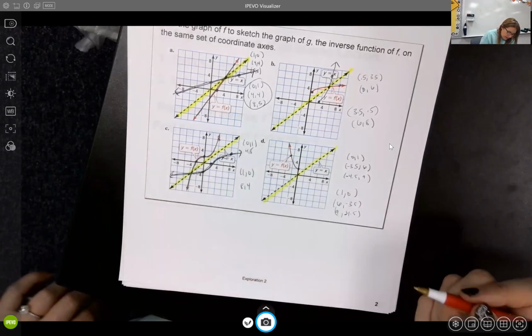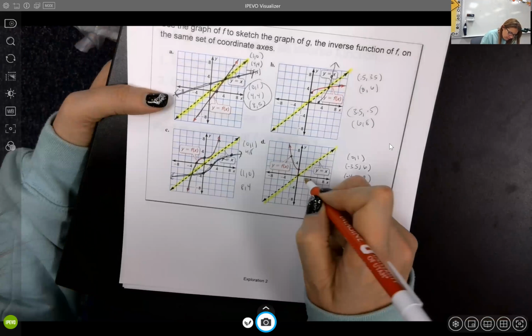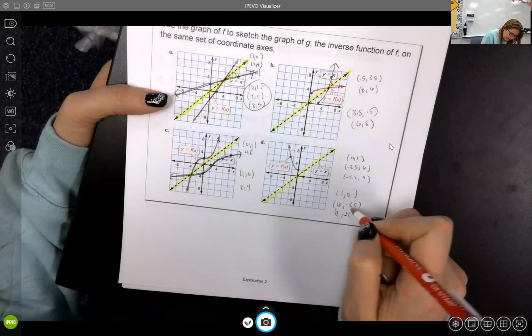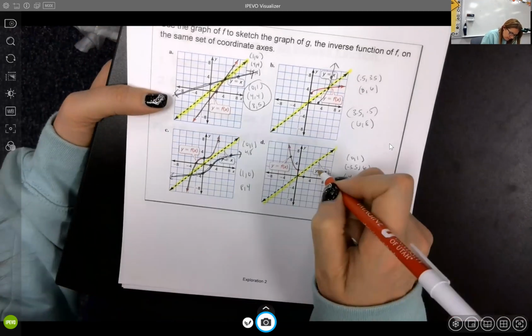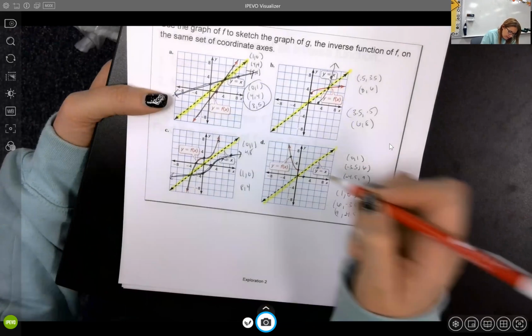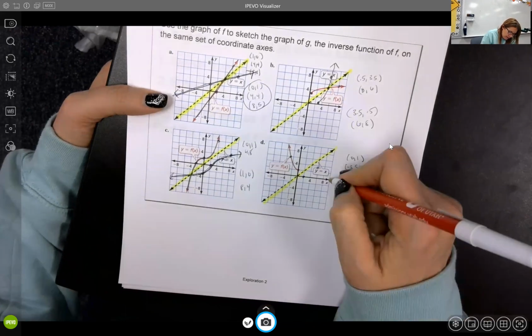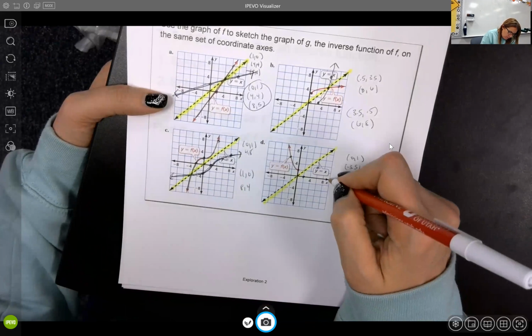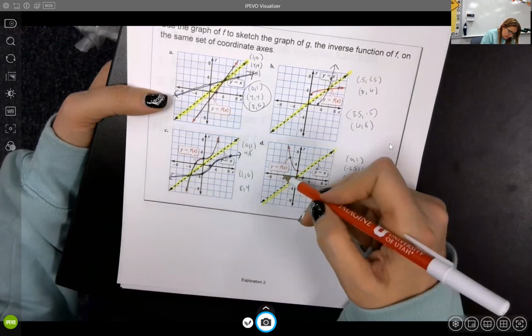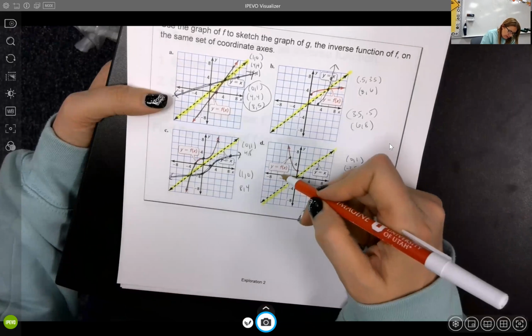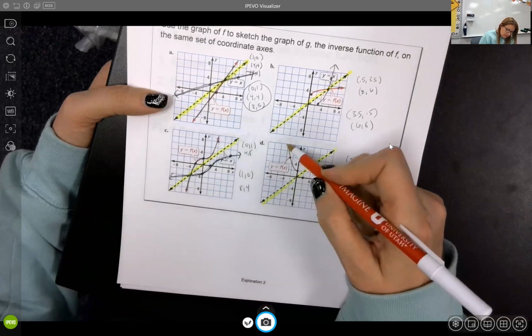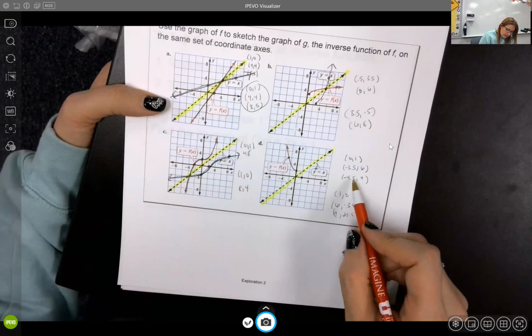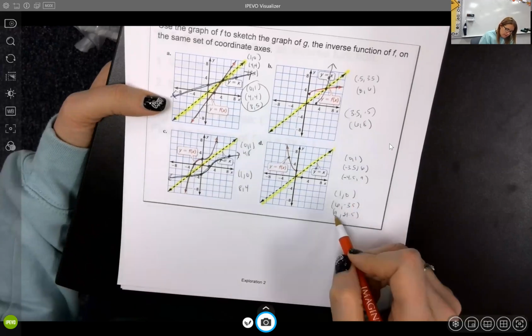Okay, so 1, 0, 6, 3.5, and 9, and negative 4.5. Okay, so it was negative 4.5, and then it was up 9. So instead of being at negative 4.5 and 9, I go to 9 and negative 4.5.